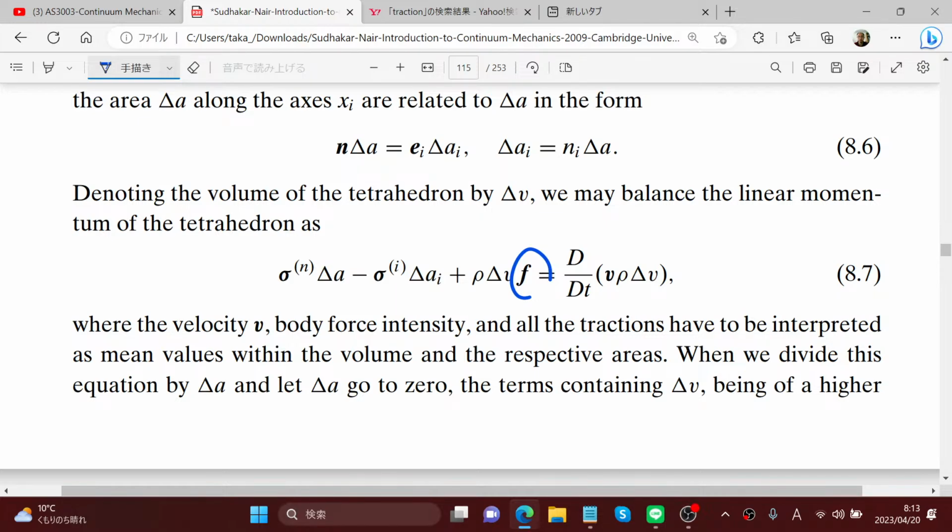And what is delta V? This is the volume. Maybe okay. I think F is missing here: body force intensity F.